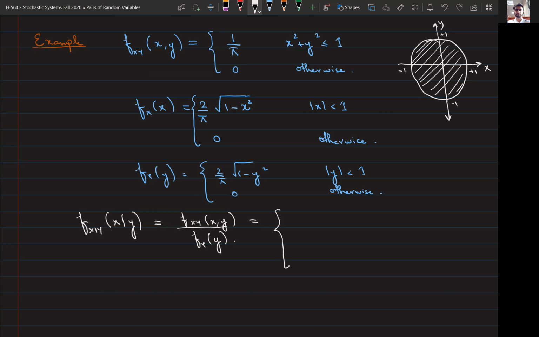Right, so you see, Shoaib, all you'll do is look at this and plug in the numerator and the denominator from the expressions that you're given above. Let me state this categorically: for all values of y which satisfy the absolute value of y being less than 1.